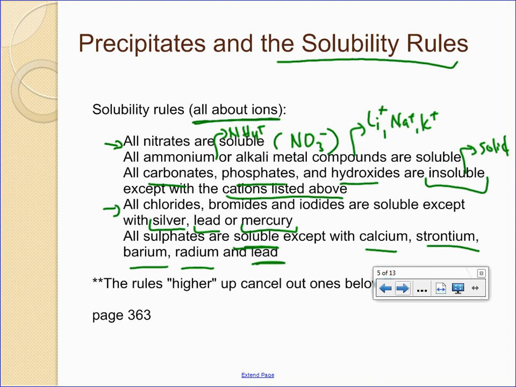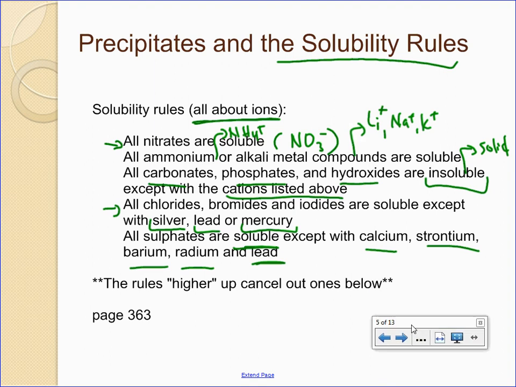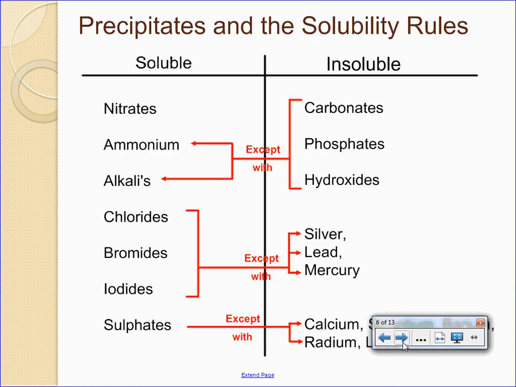So for example, calcium sulfate is insoluble. Sodium sulfate is soluble. And the thing to note about our solubility rules is that the higher up ones cancel out the ones below. So the higher up a rule is, the more precedence it takes. And you can refer to these rules on page 363 of your textbook as well.